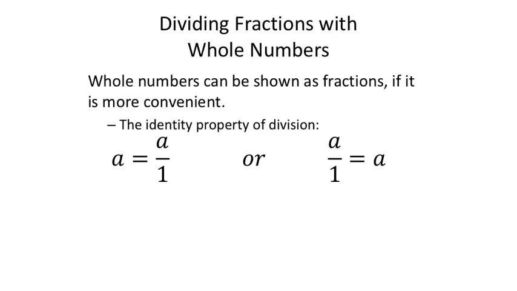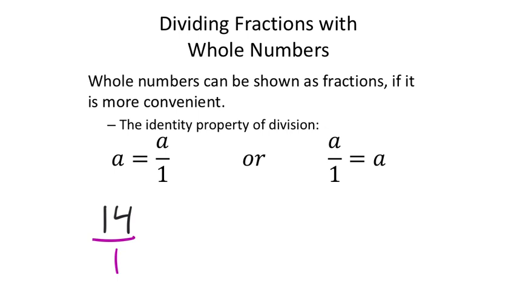So we saw a few slides ago that sometimes you're going to have to reciprocate a whole number. And if you see a whole number by itself, you're going to need to make it over 1. Okay, so let's say you started with something like 14. Well, if it's dividing a fraction, it may be helpful to see it as 14 over 1 instead.